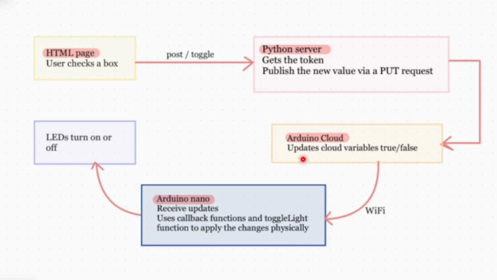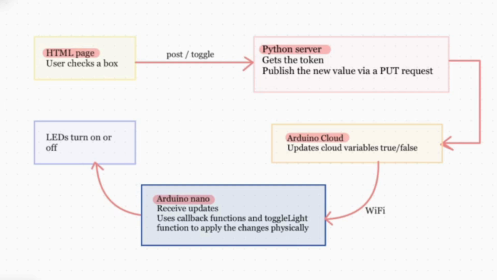And then the Arduino Cloud will receive the updated variable value. For instance, as I said, if we want to turn on the living room light, it will become true, and the Arduino Cloud will receive that and push it down to the physical device over Wi-Fi to the Arduino Nano. In the Arduino Nano, the cloud variable change triggers the callback function.